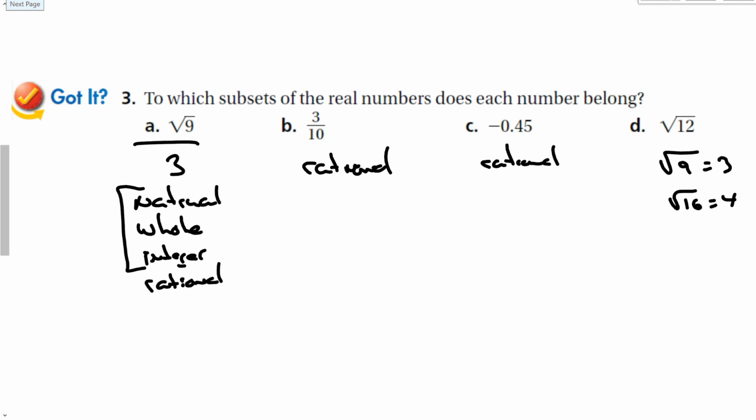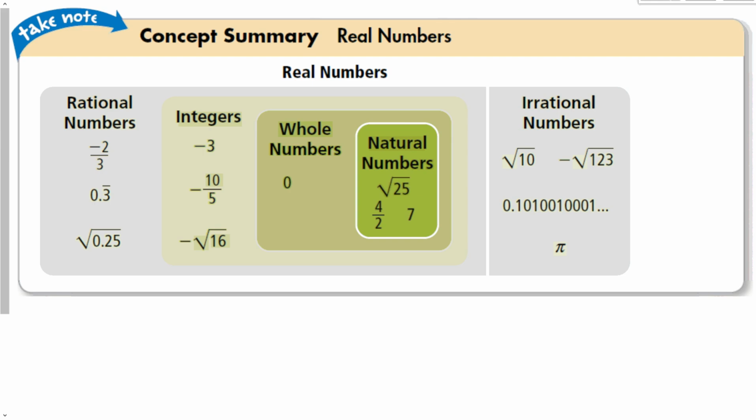Now, here's a nice diagram to show you how each set falls into each other. All 3 of these right there are natural numbers because they are 5, 7, and 2. No fractions, no decimals. That is a whole number because 0 is the only whole number.